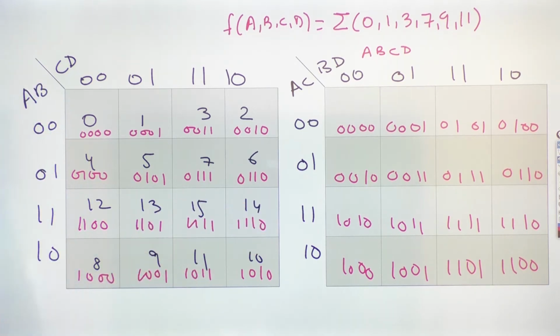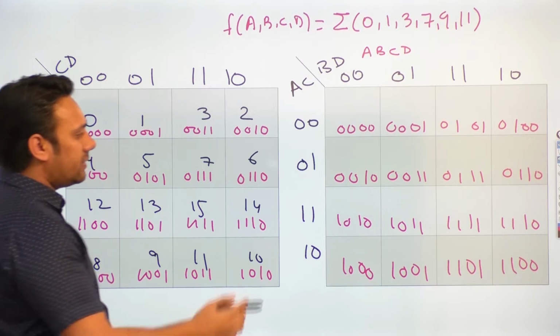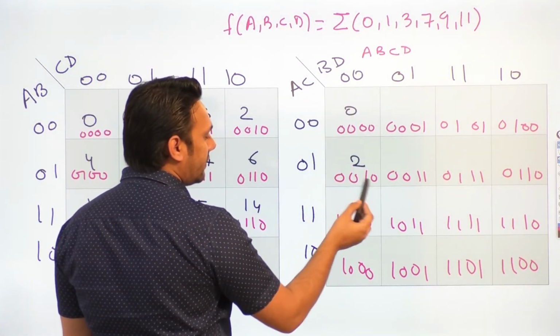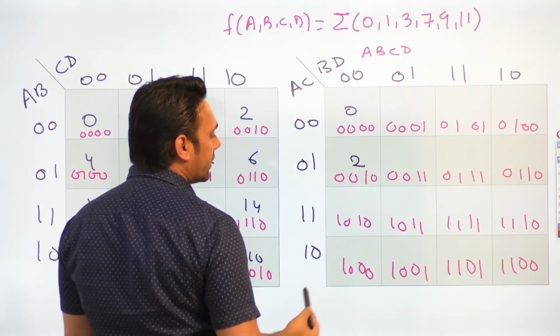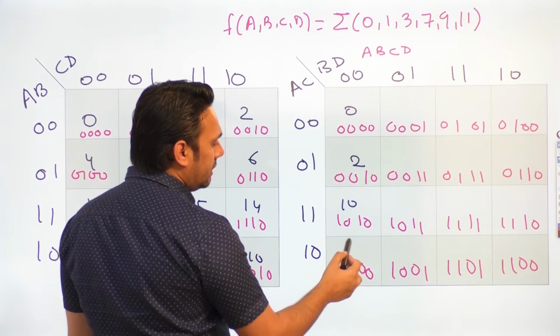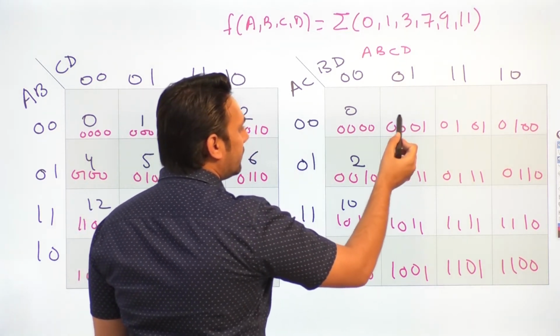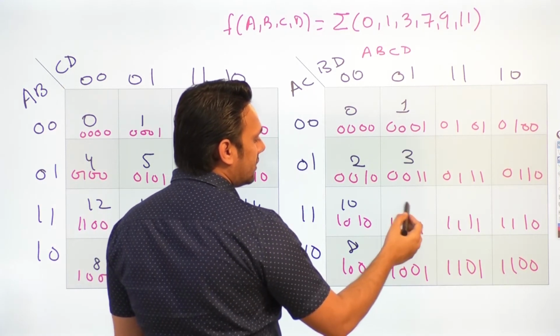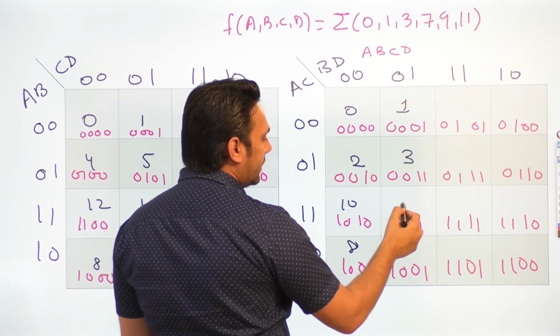Okay, these will be the numbers here. Now in this second one, this is representing 0, then 2, correct? What value will this be? 2, right? And this value will be 10. This value will be 8. This value will be 1. This is 3. This one is 11, right?